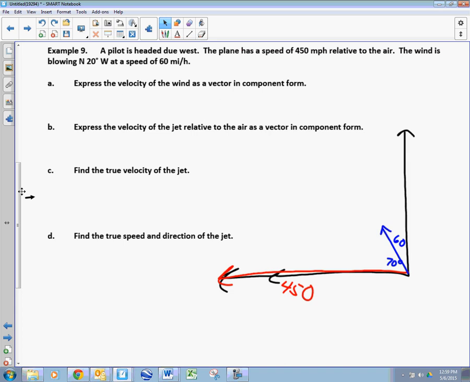So we want to understand the true speed that this plane is traveling in the direction. It says express the velocity of the wind as a vector in component form.